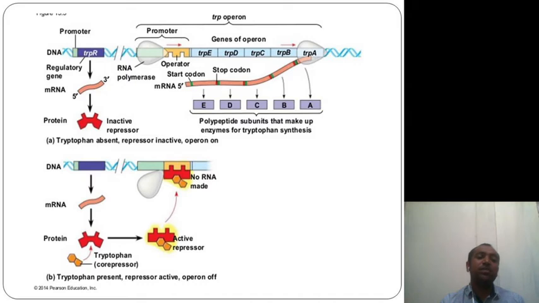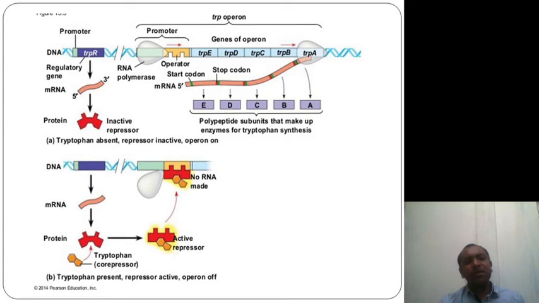Once it binds to the inactive repressor, or the protein, there will be a conformational change in the protein molecule of the regulatory gene product. So once there is a change in the conformation, as you can see over here, the repressor will go and bind to the operator region.